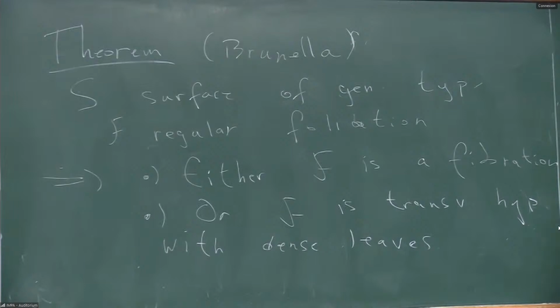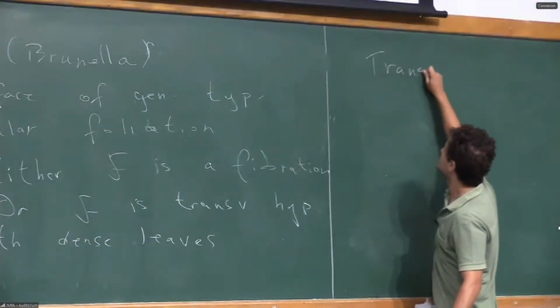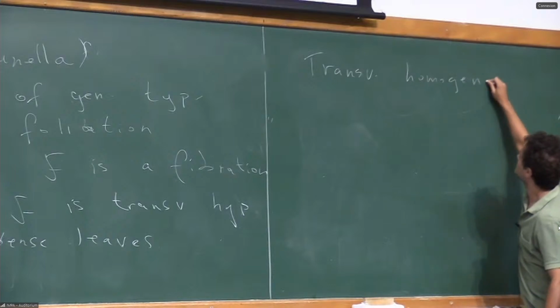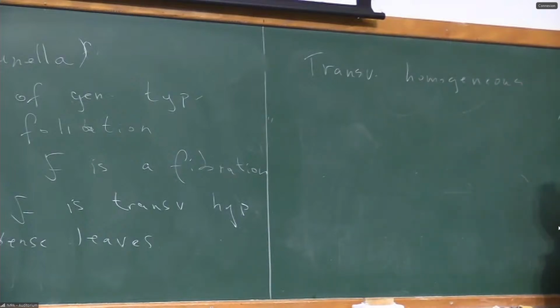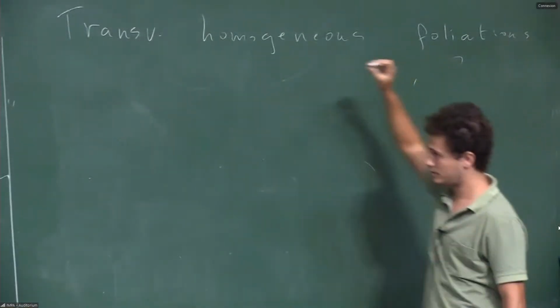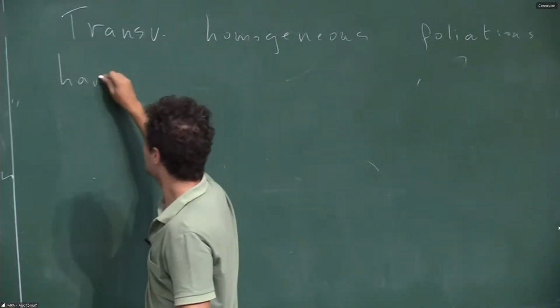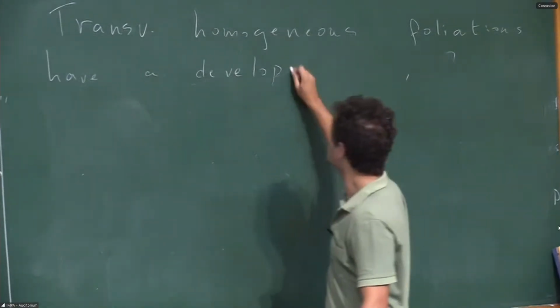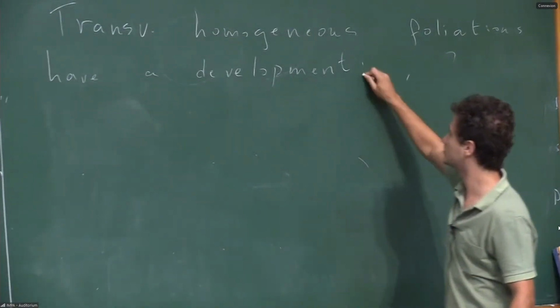So, transversally homogeneous foliations have a development, which is given as follows.